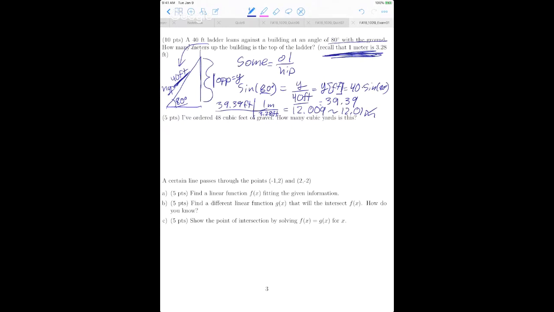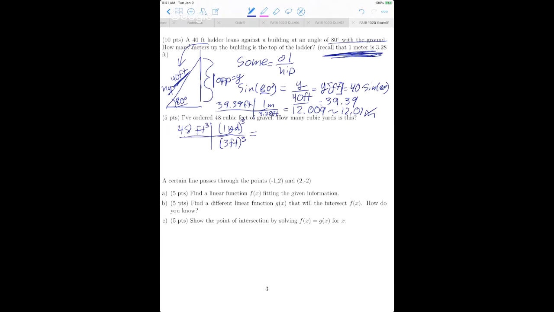All right, so here we go. 48 cubic feet of gravel. So feet cubed, right? How many cubic yards is this? Well, I'll show you the quick way. So I would have done it like this. 1 yard is 3 feet, right? But I got cubes, so I better cube both, right?